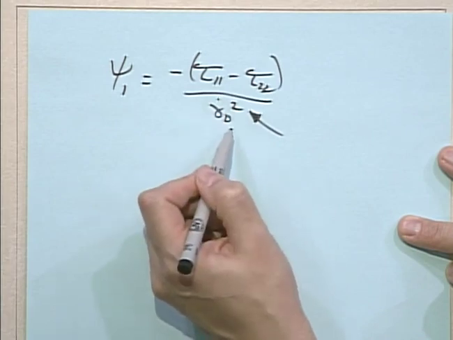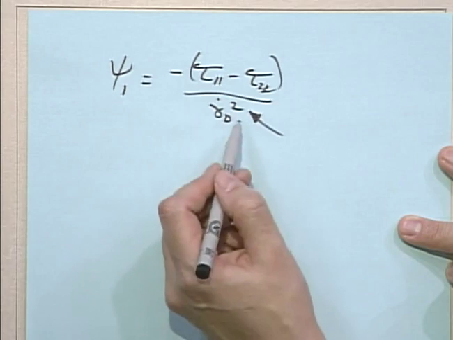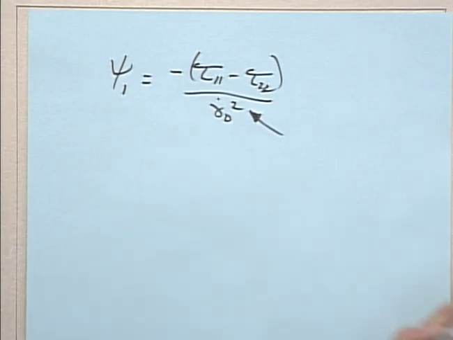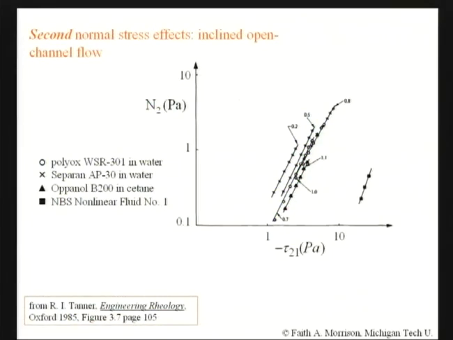So if you divide by it, then it'll be a constant. So in order to get this to be a constant, we had to define this as something divided by gamma dot squared. And so we've been seeing that our data, in fact, do come to constant values. But if you plot N instead of psi, you end up with things that are quadratic in either stress or shear rate.